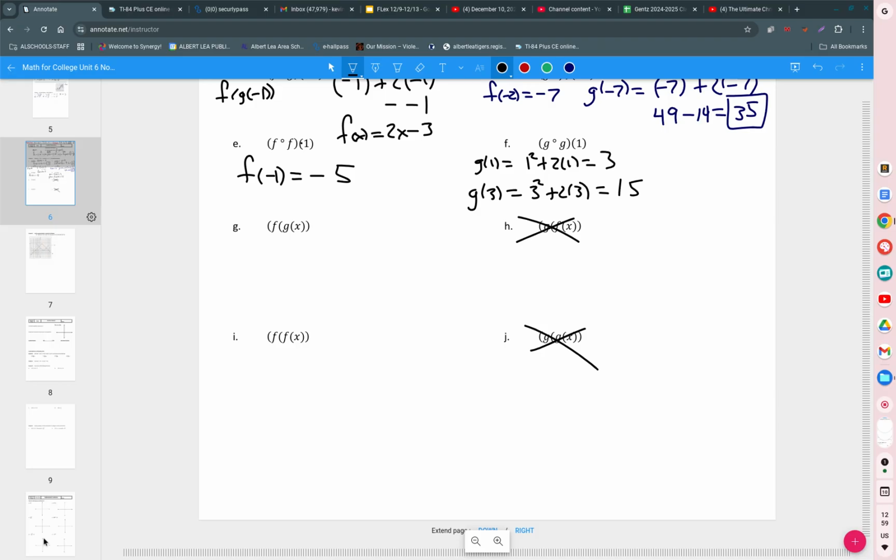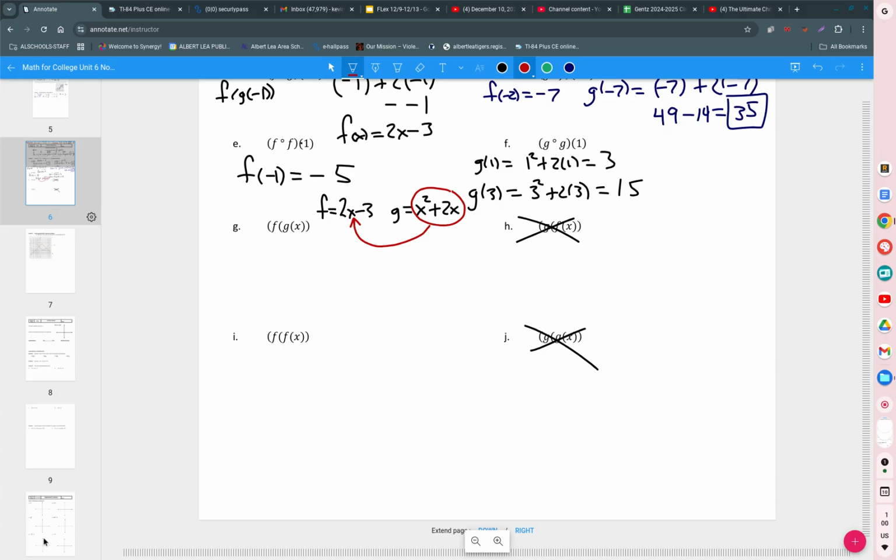So watch what I'm going to do. I know that f is equal to 2x minus 3. And I know g is equal to x squared plus 2x. Okay? So now if it says f of g of x, I take what g is, and instead of plugging a number into x, I plug the whole expression in for x.